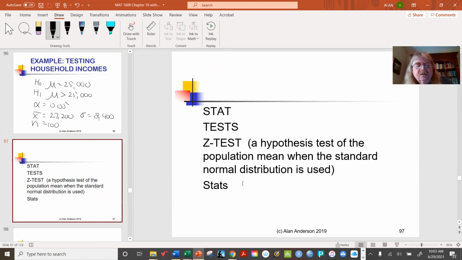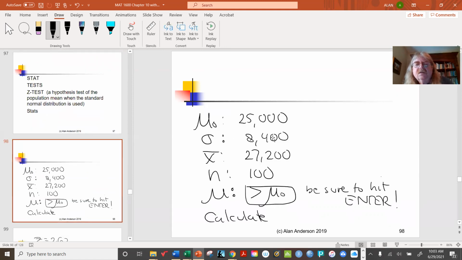But here we don't. So the way it's set up is the first thing they ask you is for the hypothesized mean, which is 25,000, the population standard deviation, which is 8,400, the sample mean, which is 27,200, the sample size is 100.